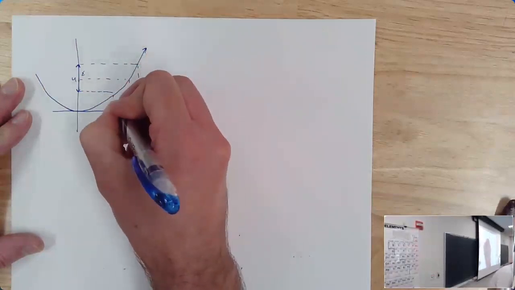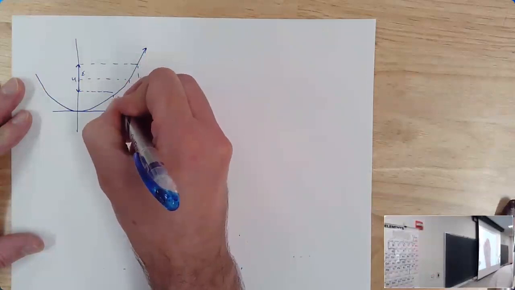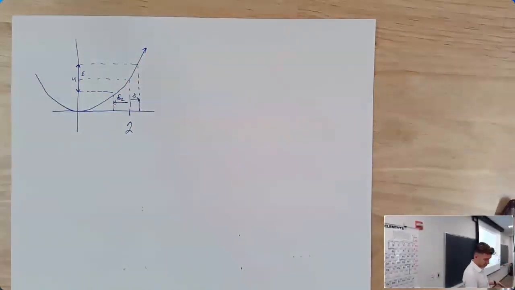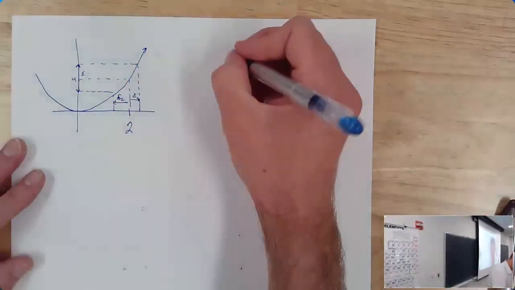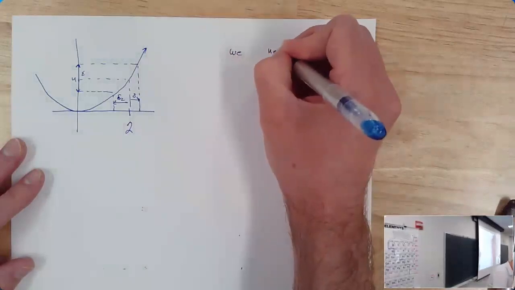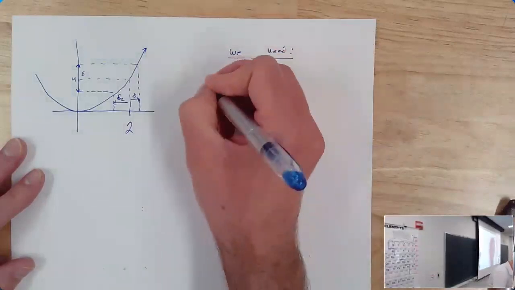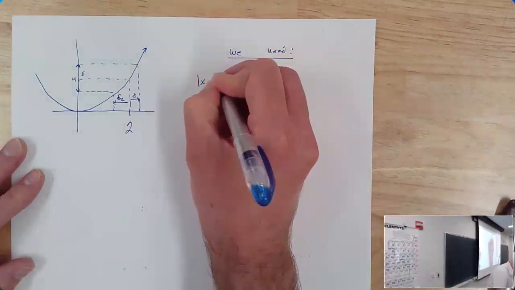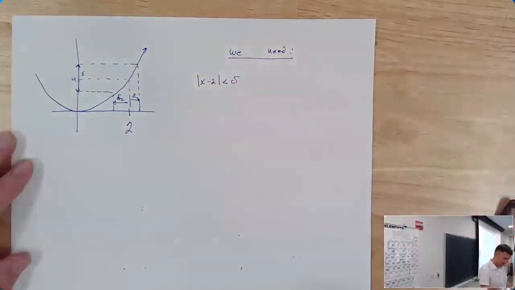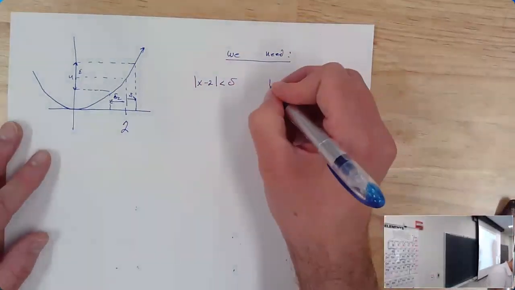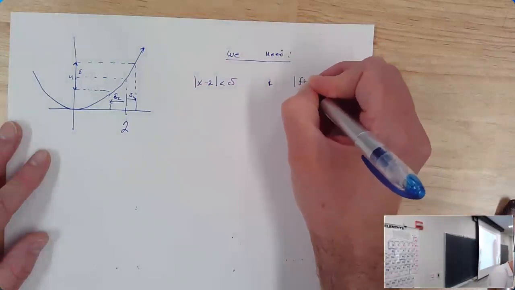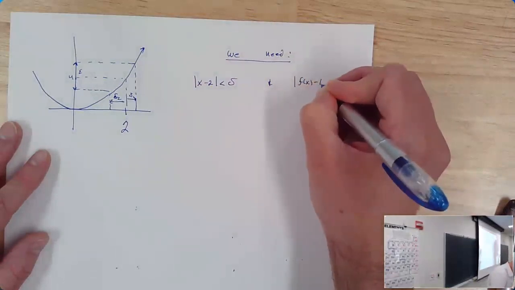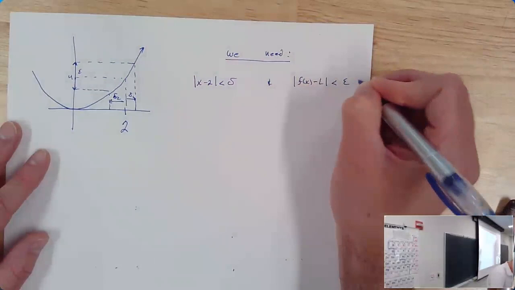Okay, so there it is one more time. And here's the idea. We need the following. We need both the absolute value of x minus 2 to be less than whatever our delta is. And we also need the absolute value of f of x minus the limit to be less than whatever epsilon is.